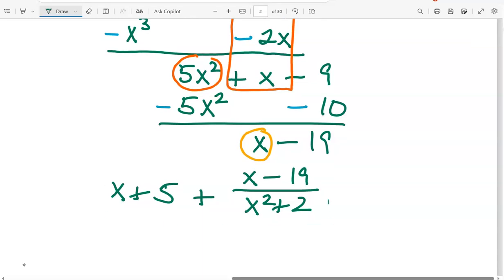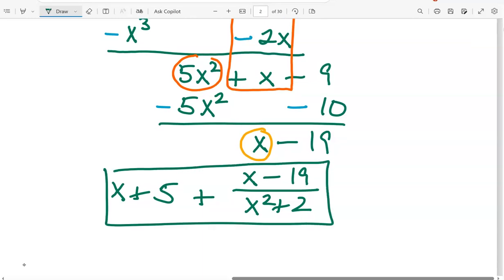What you'll notice is the degree, or the highest exponent on x, of the numerator, or that remainder, is less than the degree, or the highest exponent on x, in the denominator of that fractional expression there. So we can stop dividing when the degree of that remainder is less than the degree of the divisor.